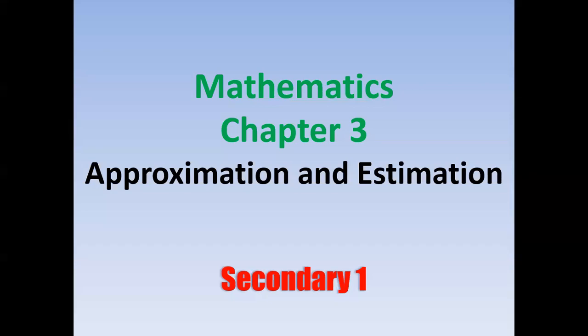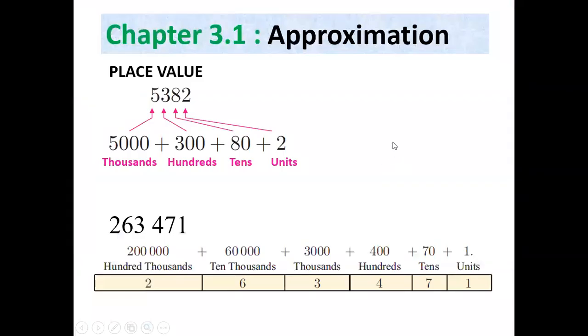Okay, next slide. So what is a place value? Before we learn about approximation, we have to learn what place value is. Place value is the position of a certain digit in a number. For example, if you read this, you will read 5,382, right? So this is 5 thousands, 3 hundreds, 8 tens, and 2 is the units or ones. We can write units or ones, it's the same, okay?